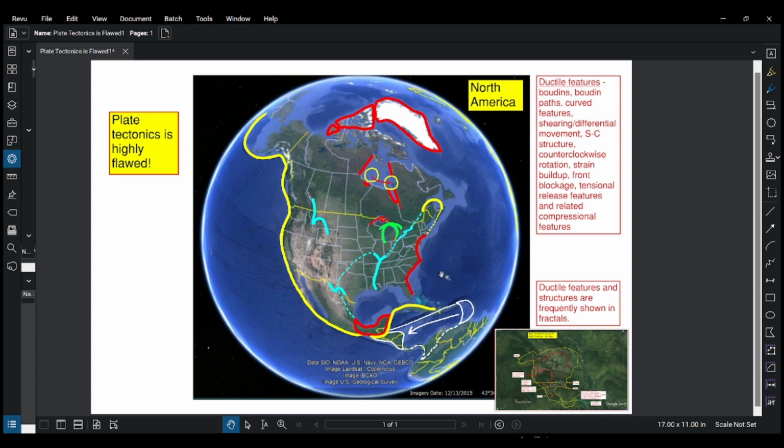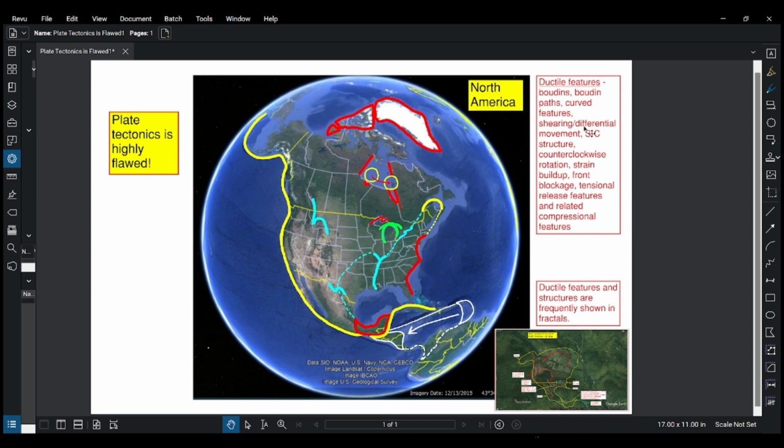So I think I covered everything. It says here, Boudins, Boudin paths. You can see there's a Boudin path here in Central America. At least it's from one time to another, it moved across here. The Boudin paths are outlined in the dashed lines.